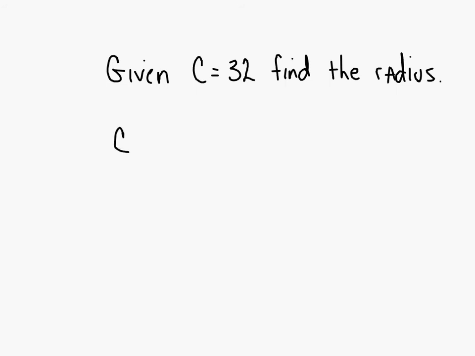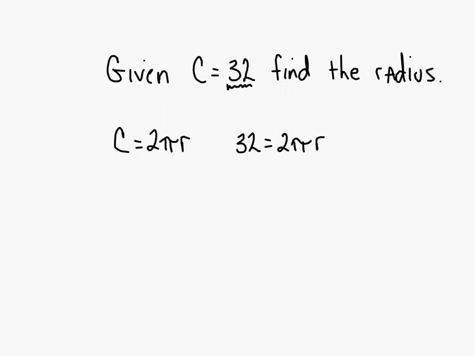Given circumference equals, I don't know, 32. Find the radius. Circumference equals 2 times pi times r, so 32 equals 2 times pi times r.